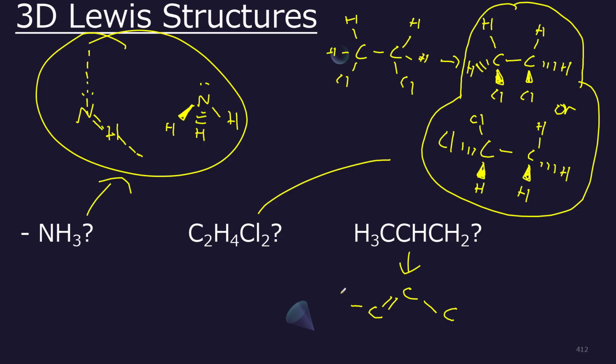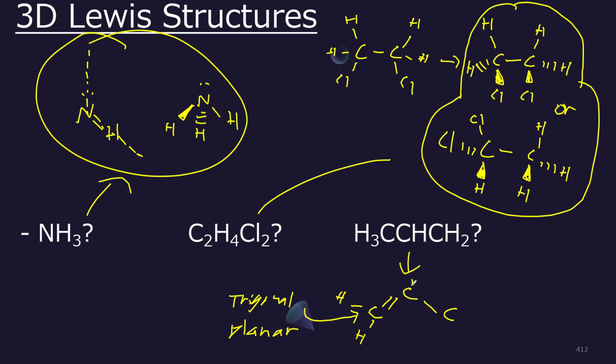So this left carbon must be trigonal planar geometry, both molecular and electron domain. So that doesn't have a 3D structure. Trigonal planar things, we don't need wedge or dash lines. They're flat on the page. It's the only way to really draw them.